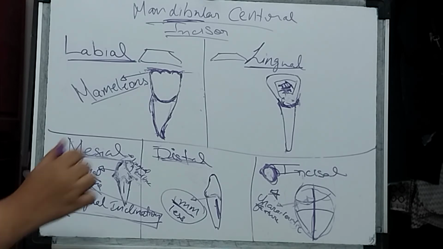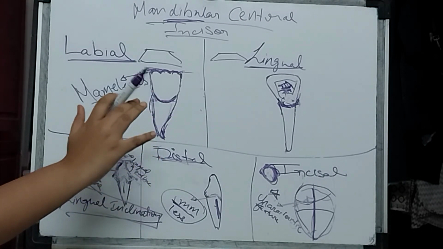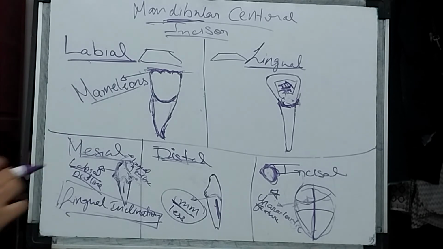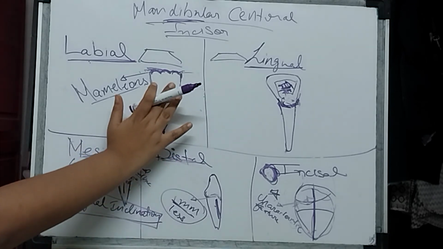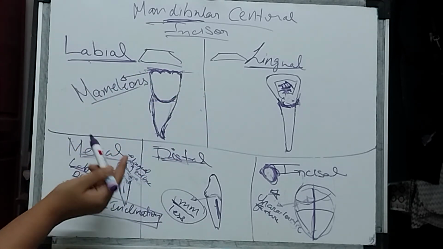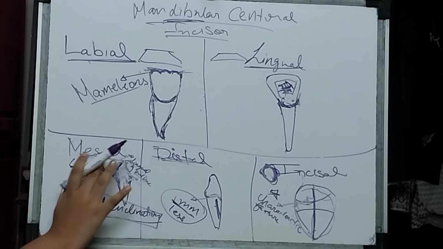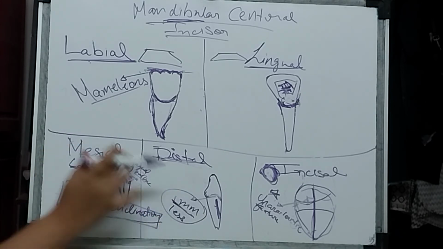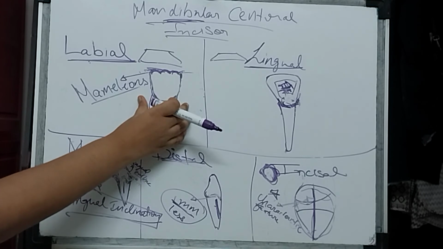You have to use your brain over here. You need to be logical. How will you see the mesiodistal root like this? It will be curved. You can't see the mesiodistal root over here in the mesial or distal side. You can only see it in the labial side.